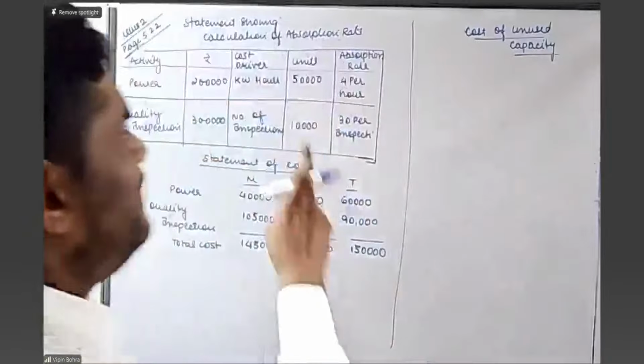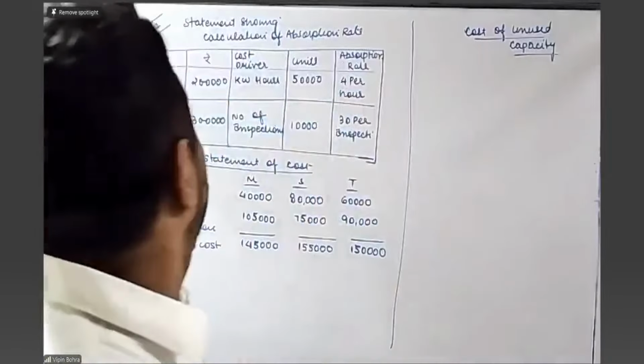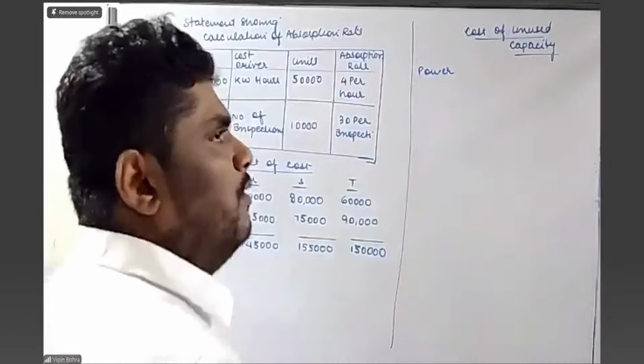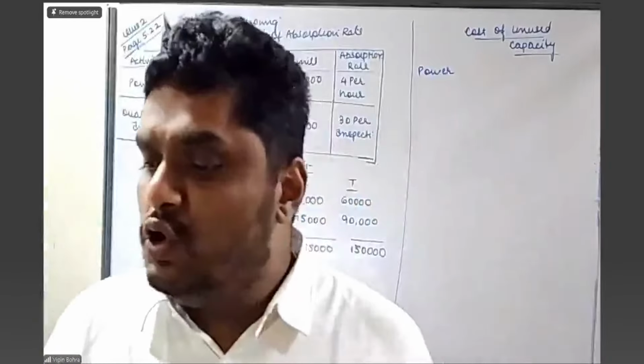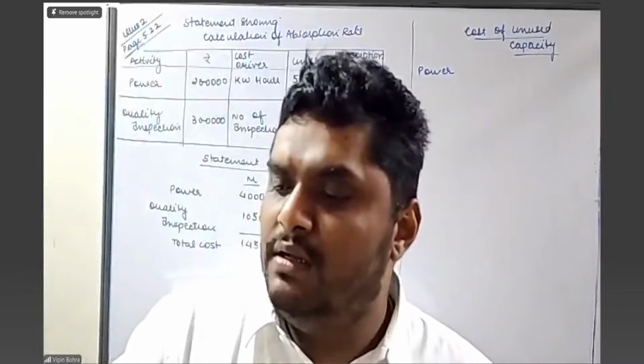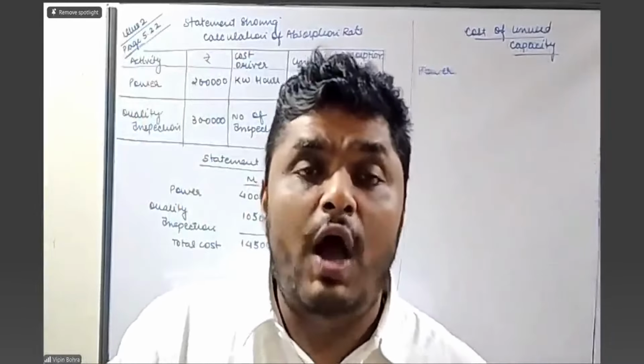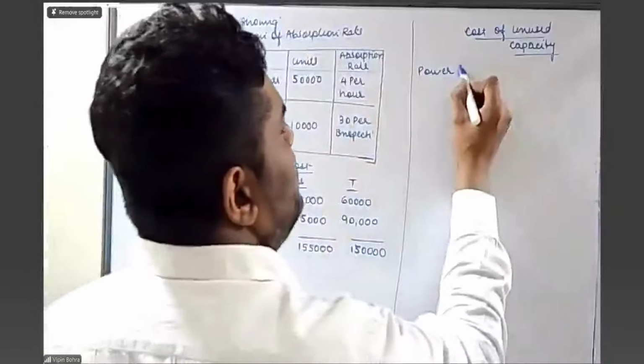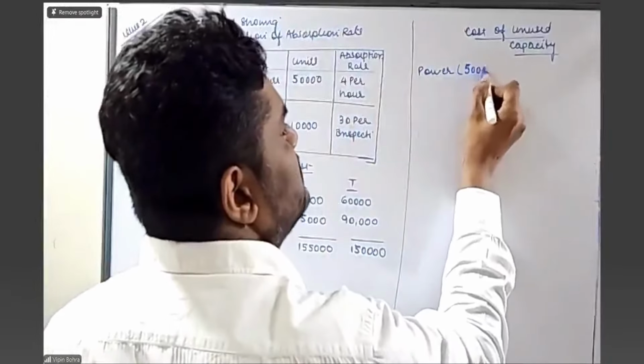Now see, how much is my unused capacity in this case? When talking about power, the total hours consumed are 20 plus 10, 30 plus 15, 45. So how much additional hours are my unused capacity? When talking about the spare hours, it is 5,000 hours.